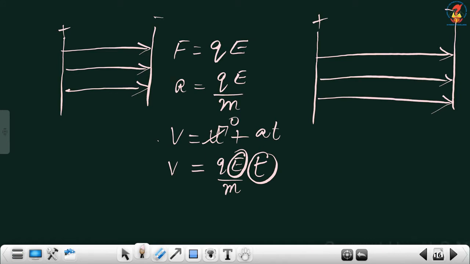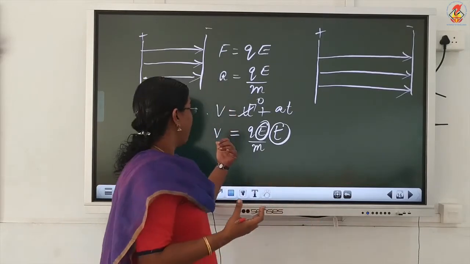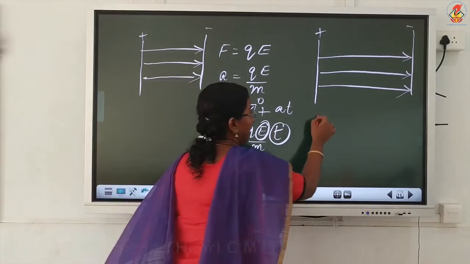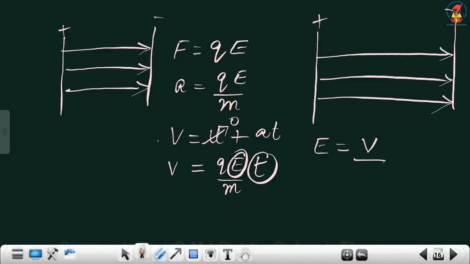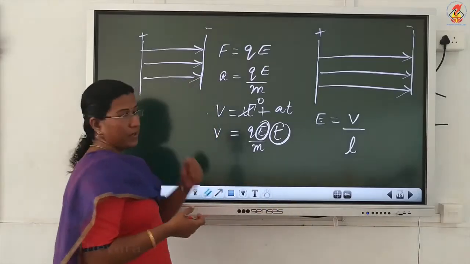Automatically time taken by the charged particle to move in the field increases and hence velocity can be increased. But there is one problem, you know that E is equal to V divided by L, potential by length. So, if length increases, what happens? Effect will decrease. So, there is a problem here.